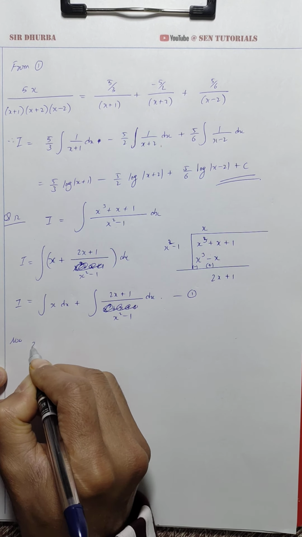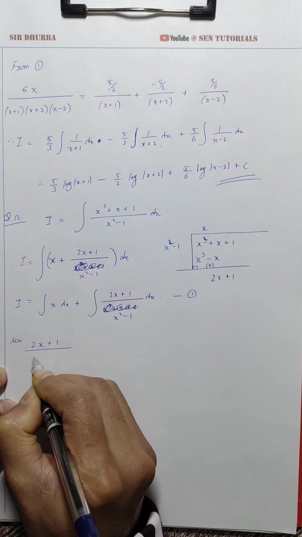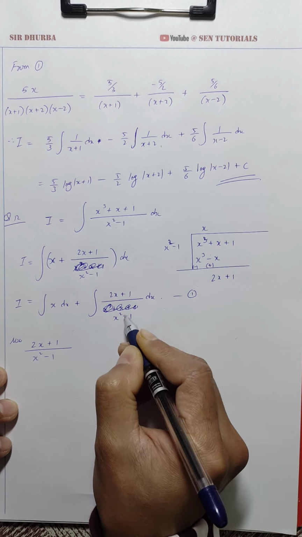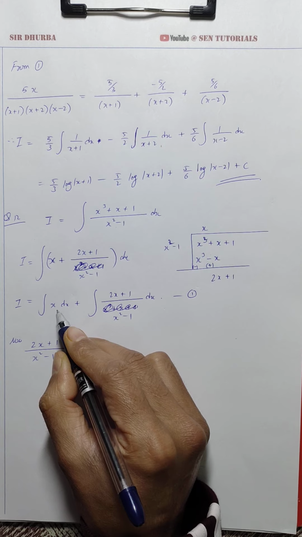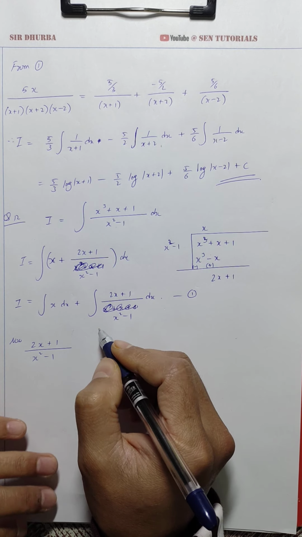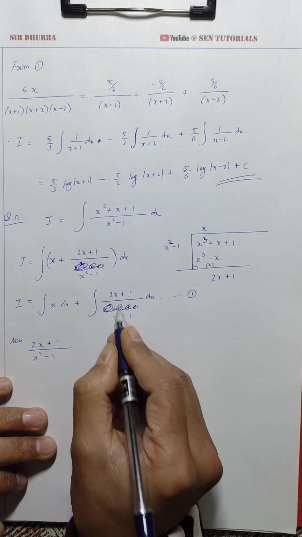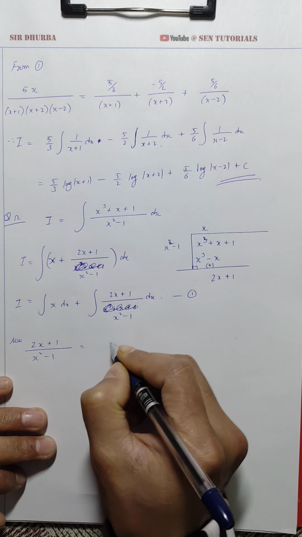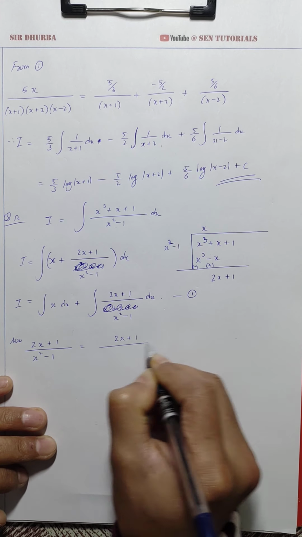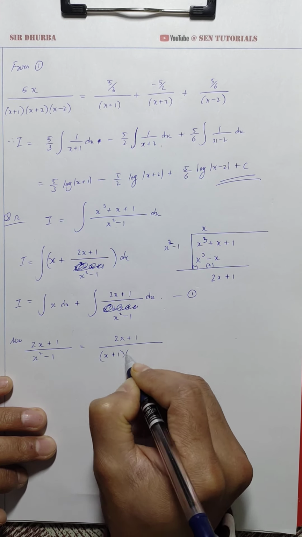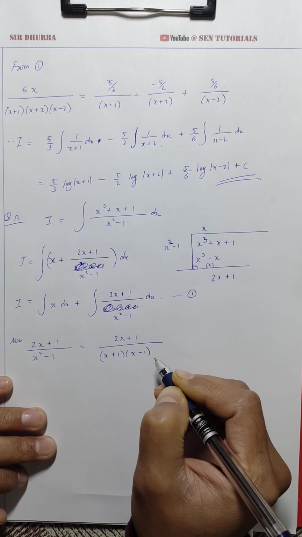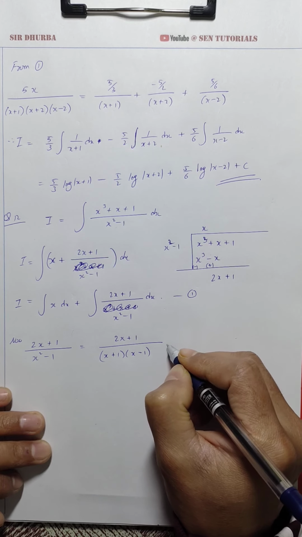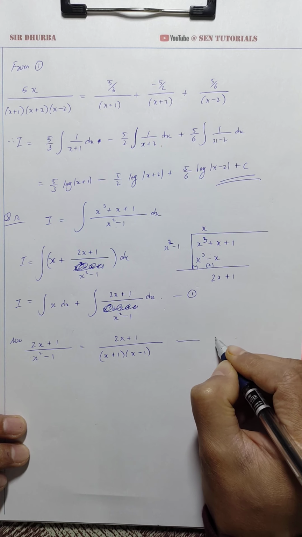So now what we will do is I will take out this value, that is 2x plus 1. This one we can integrate it very easily, isn't it? So we can come back and integrate this later on. We'll now solve this. So this can be written as 2x plus 1 divided by x plus 1 into x minus 1. All right, so let's mark this as our second equation.